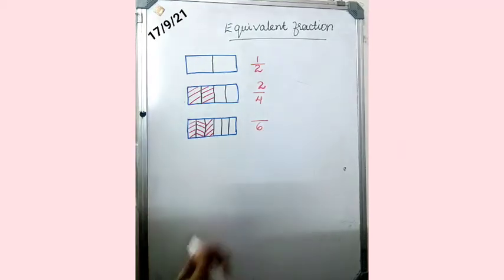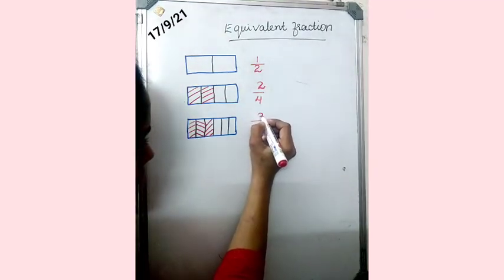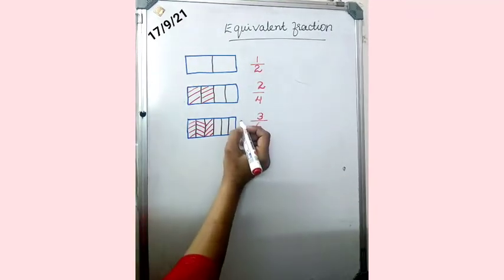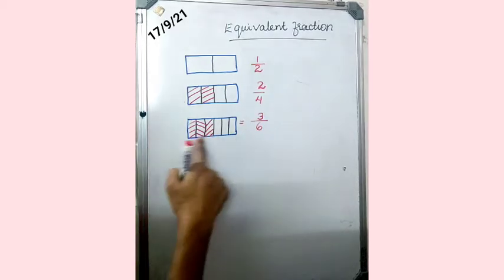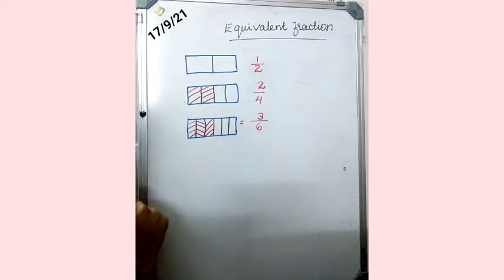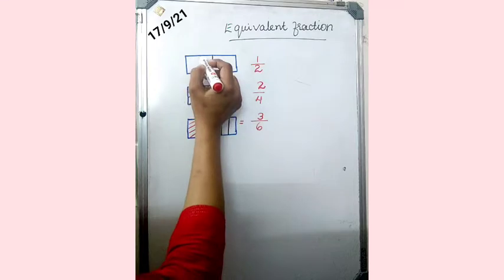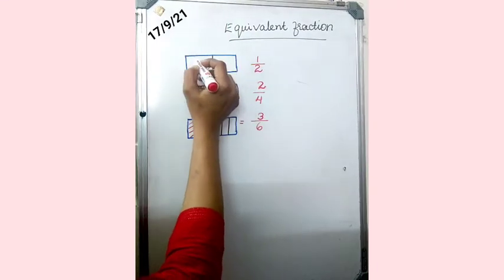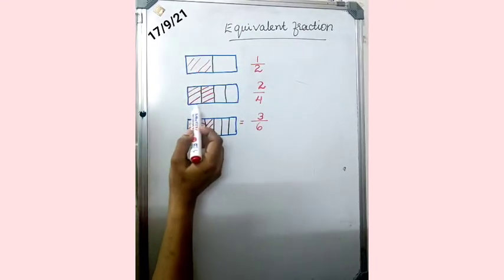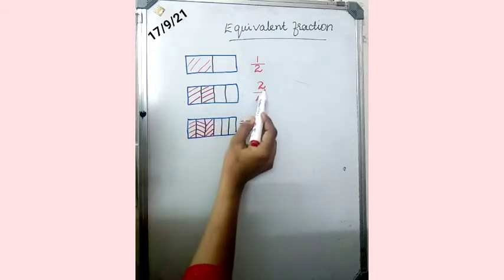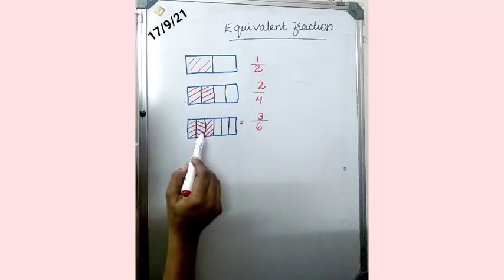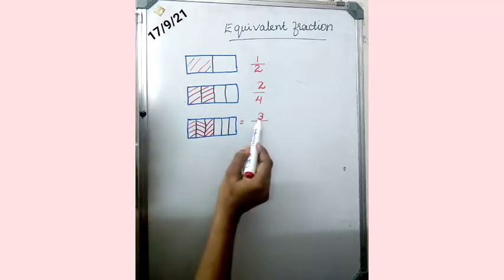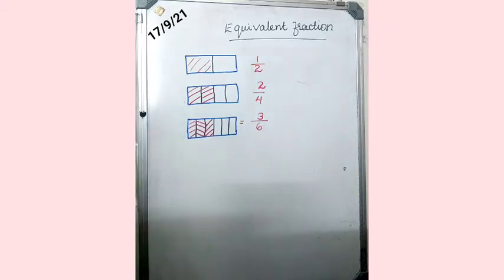How many parts shaded? 3 parts shaded. Now, the fraction of the shaded portion becomes 3 by 6. So, here the fraction of the shaded portion is 1 by 2. Here the fraction of this half is 2 by 4. Here the fraction of this half is 3 by 6.